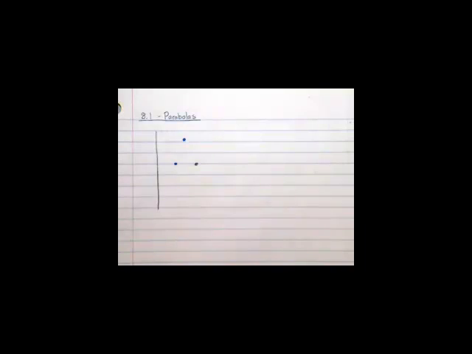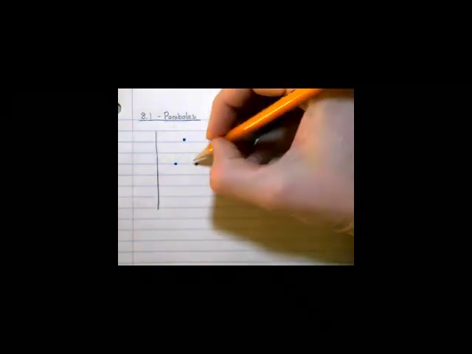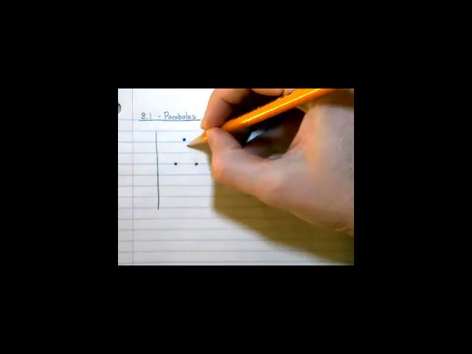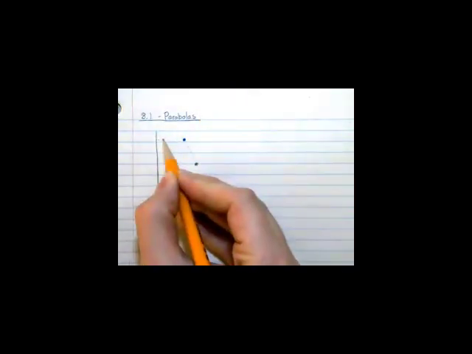Now remember from geometry, how to calculate a distance from a point to a line? Do we not remember that? It's perpendicular. Okay, so this distance and this distance should be the same.